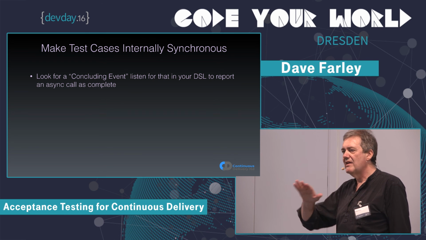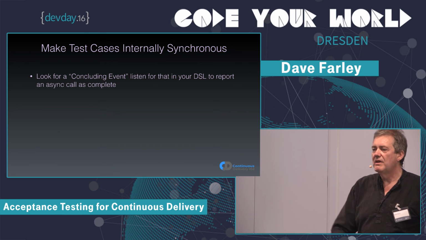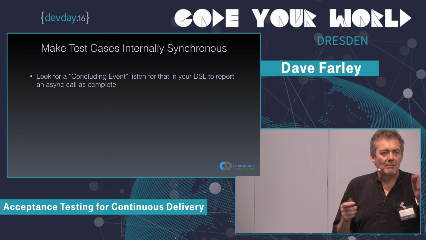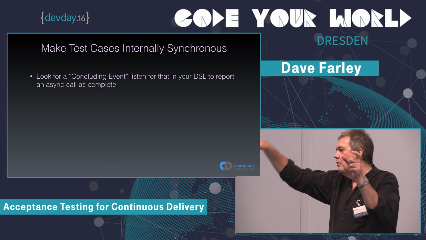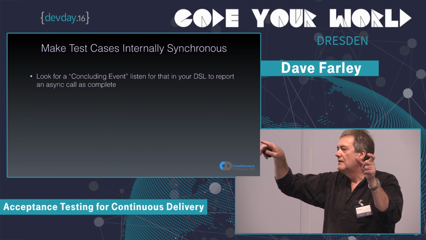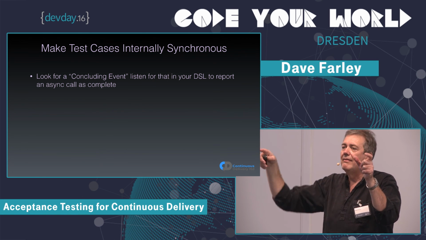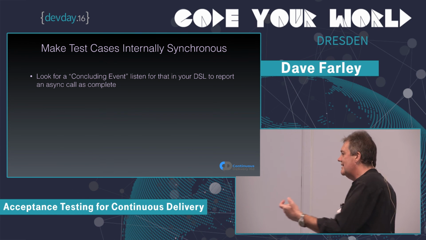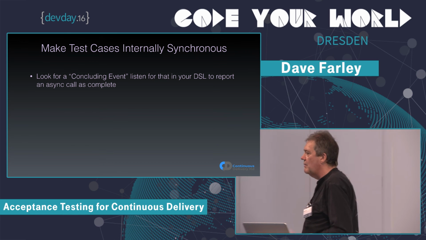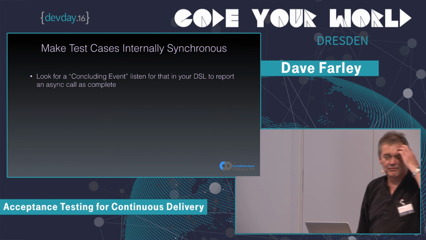From the perspective of a test case, we want to be able to have one line in our test case, go and do whatever it takes to evaluate that line, and then return and move on to the next line. We don't want to conflate the problems of writing tests with the problems of asynchrony. We want to hide the asynchrony in our test infrastructure.